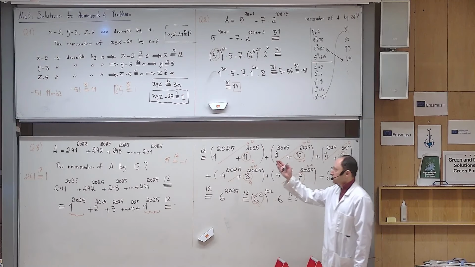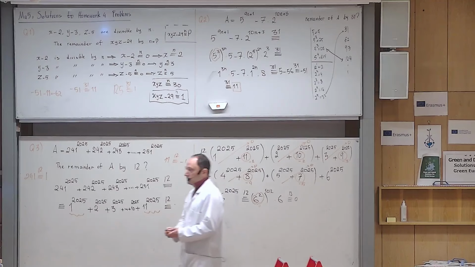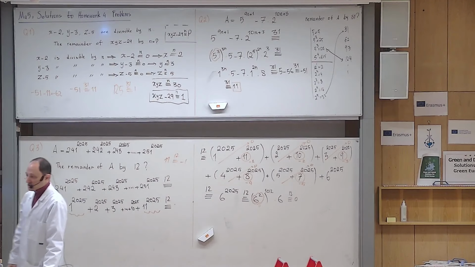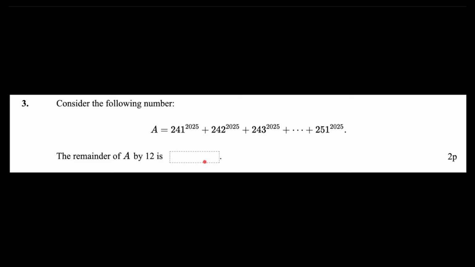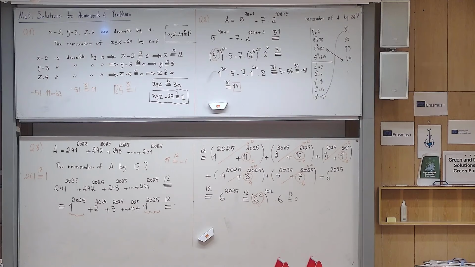Okay, so this means that the remainder of this number by 12 is 0. So we have to write 0 here. I mean, writing it numerically for autocorrection is much better. Any questions? No? Okay, thank you.